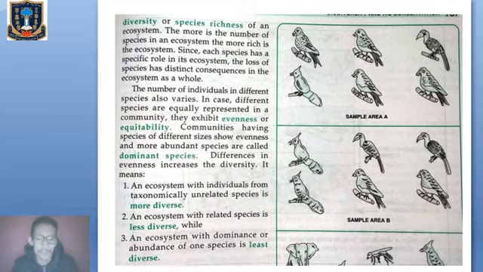That is true. Listen very carefully: in case different species are equally represented in a community, then there will be evenness or equitability in a community. So when the different species are equally represented in a community, then it will give the evenness of an ecosystem.